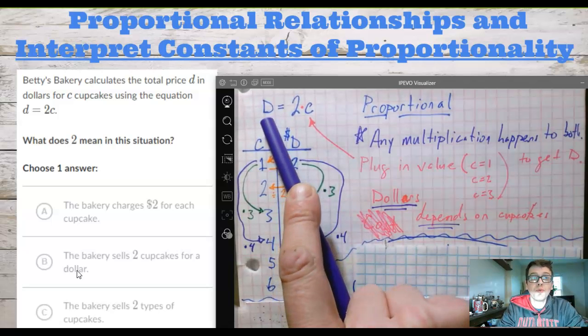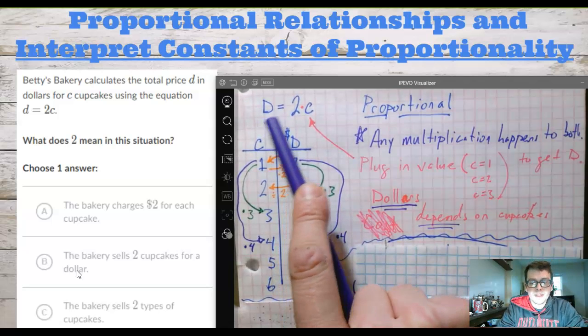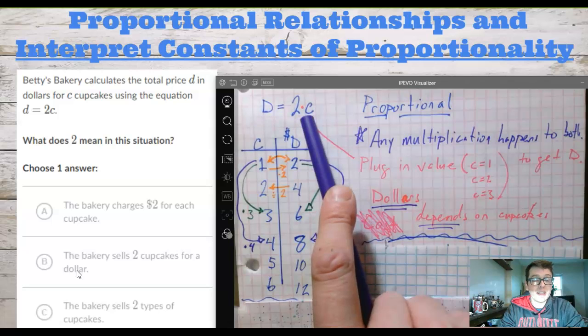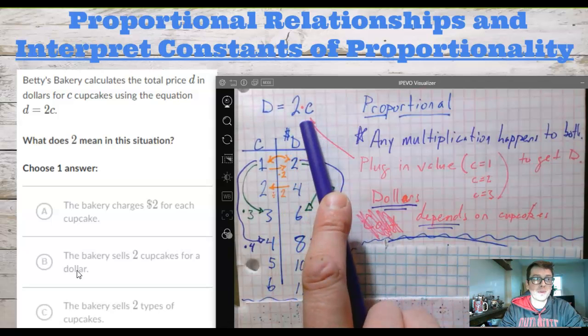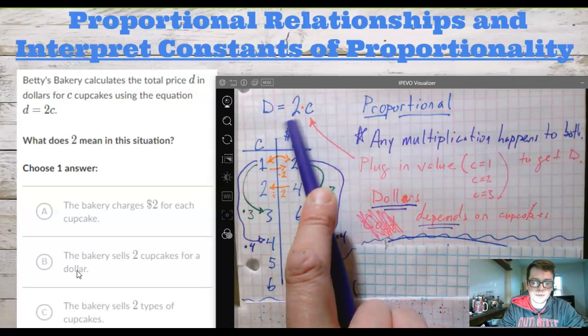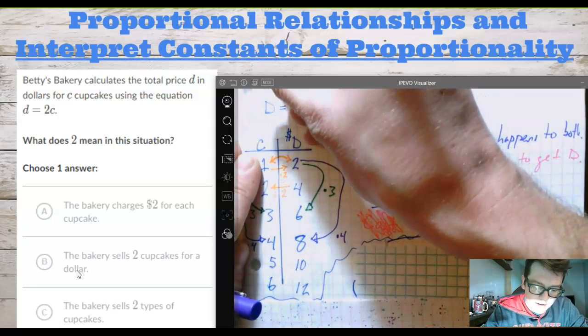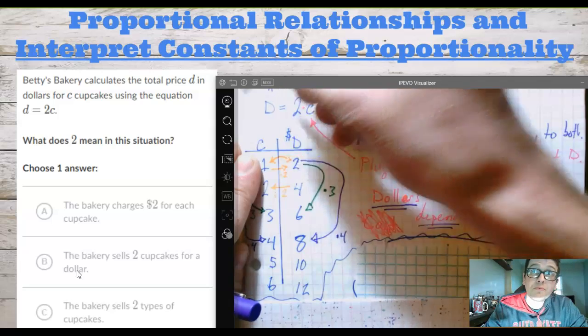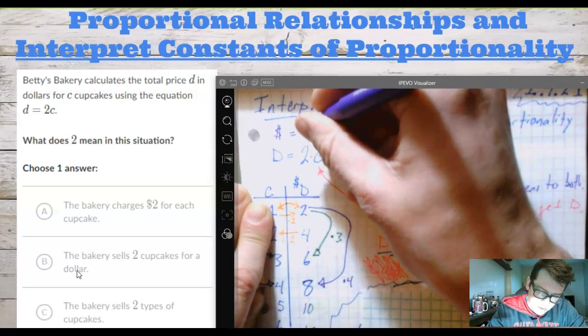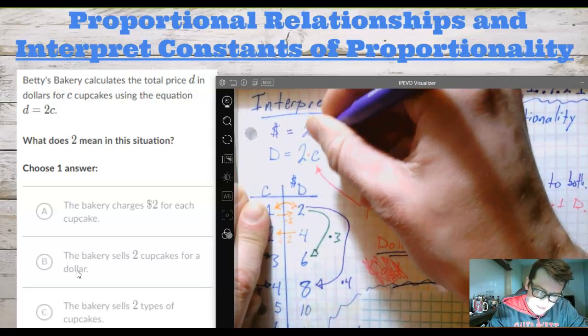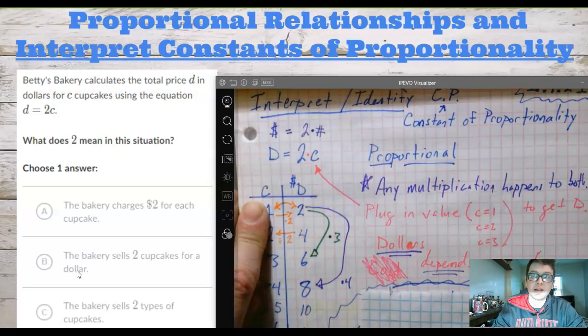They tell us D equals 2C, and in your brain, it's really easy to accidentally think $1 is 2 cupcakes. That is not correct. It's just easy to think that because D equals 2C. What this is telling us is the cost, the dollars, will be 2 times the number of cupcakes.